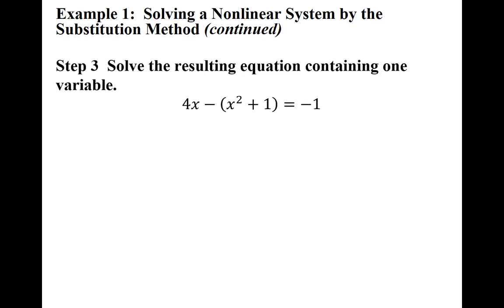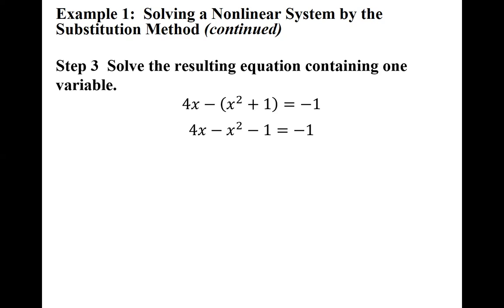Let's solve this. Distribute the negative. Minus x squared minus 1. Well, we have a quadratic here. Let's get everything on one side and 0 on the other. I'd like to move my x squared to the right so that it's positive, which means I'm also going to subtract 4x.